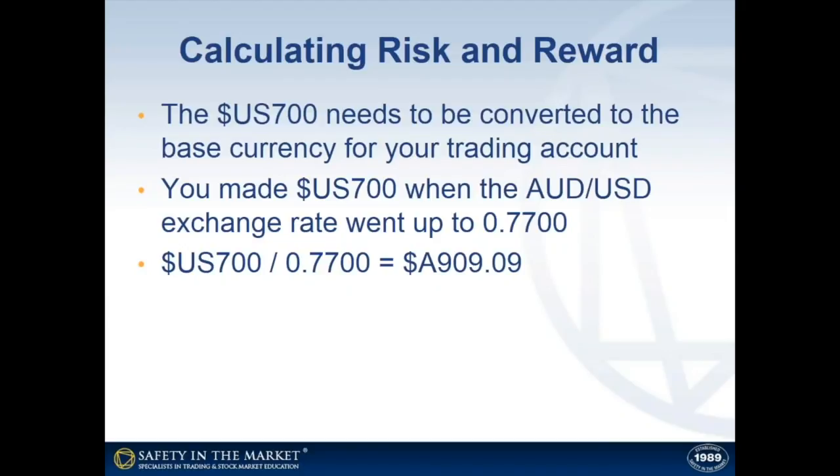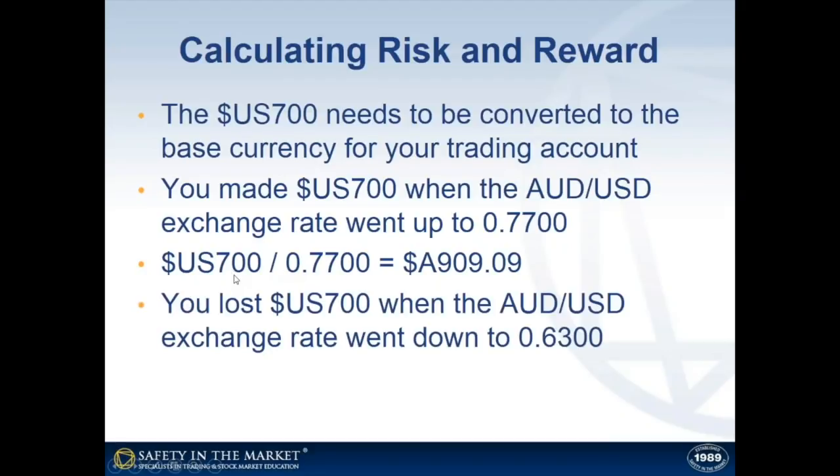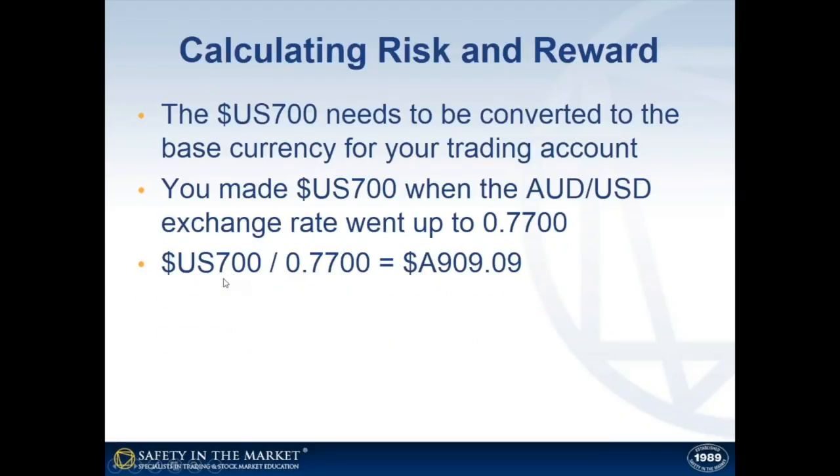If you're not sure how to do that, you're basically either multiplying or dividing by the exchange rate. Just make sure that you know that if it's US $700, it's going to be more Australian dollars because one Aussie dollar only buys 0.77. It's just simple mathematics. You just write the equation out and you can work that out.